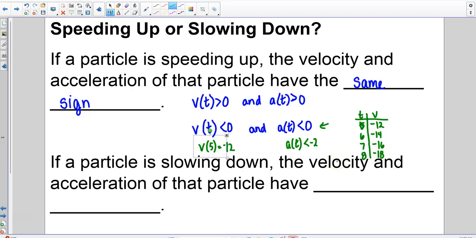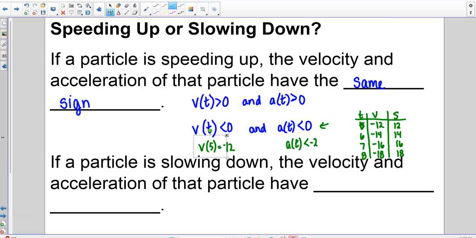So the velocity is decreasing, but if we think of what is happening to speed, I got 12, 14, 16, 18 here. So you are in some sort of action movie where you have taken off, driving backwards, speeding up, right?